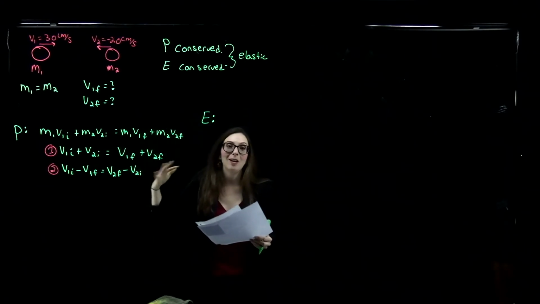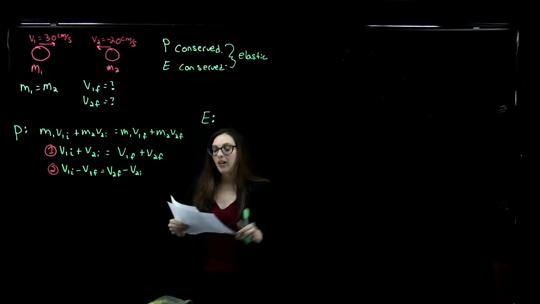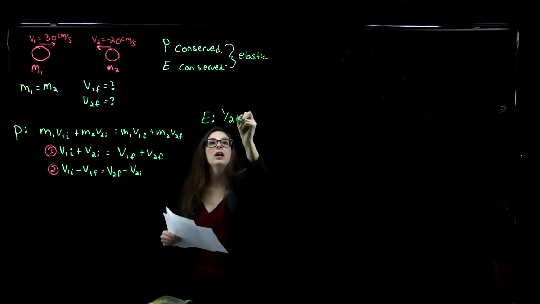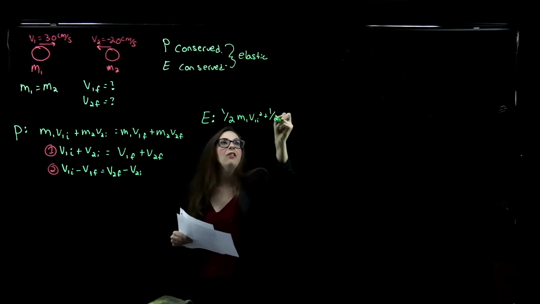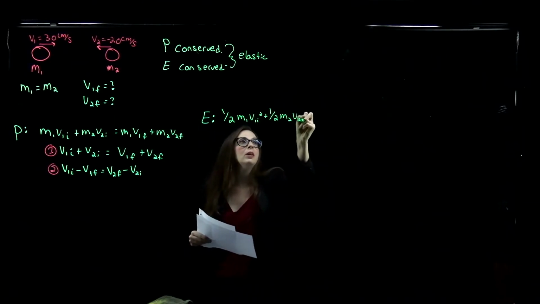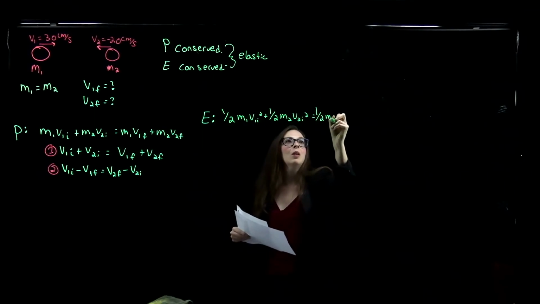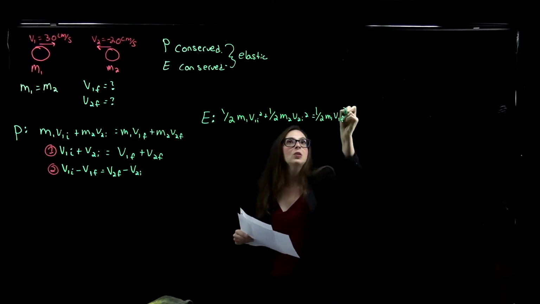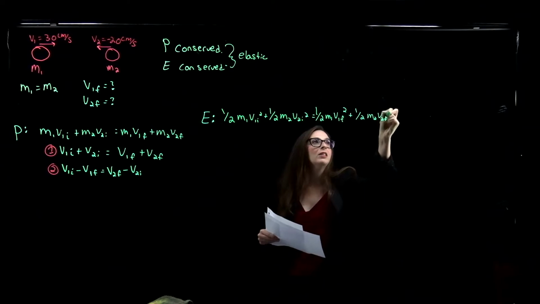We don't have any potential energies, just kinetic energies here, okay? So we've got 1/2 M1 V1 initial squared plus 1/2 M2 V2 initial squared equals 1/2 M1 V1 final squared plus 1/2 M2 V2 final squared.